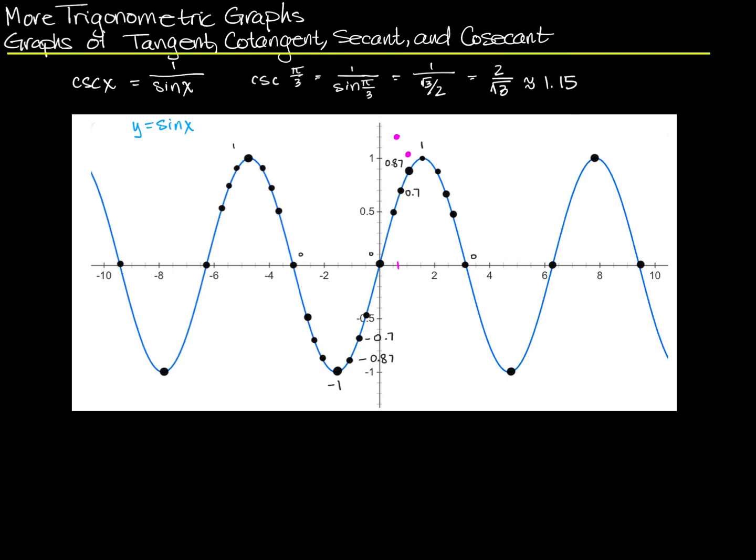Now, the next angle is pi over 2. Halfway between these two is pi over 2, and its value is 1. If I stick pi over 2 in here, I get 1 over 1, because the sine of pi over 2 is 1. 1 over 1? Well, that's just 1. Now, the same thing is going to happen on the other side, because 1 over this value gives me that height, 1 over this height gives me that one, 1 over 1, and so on.